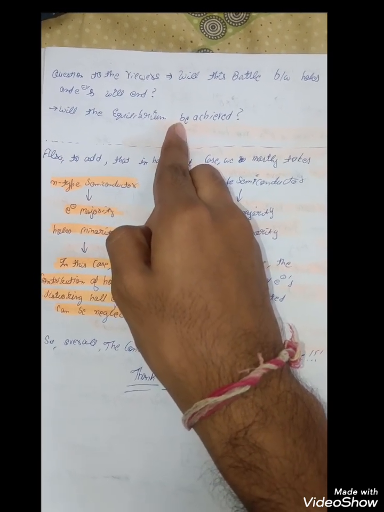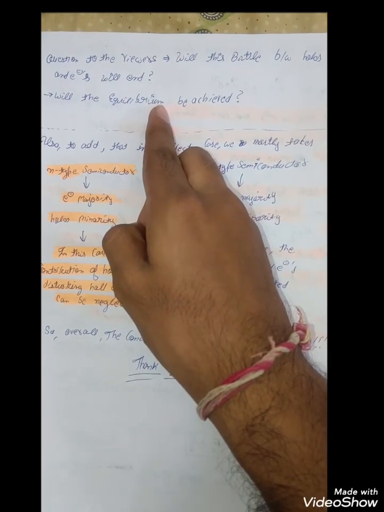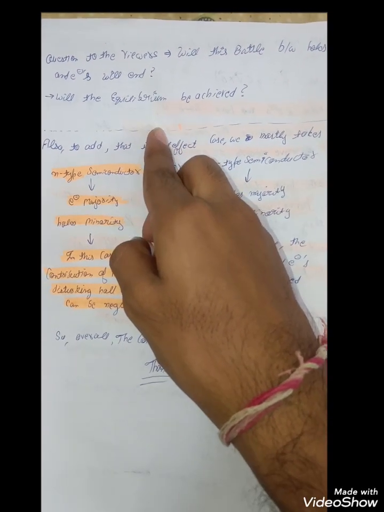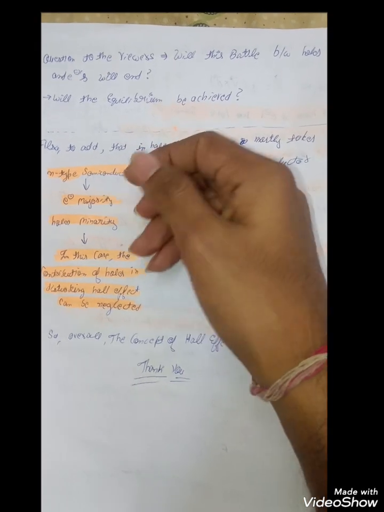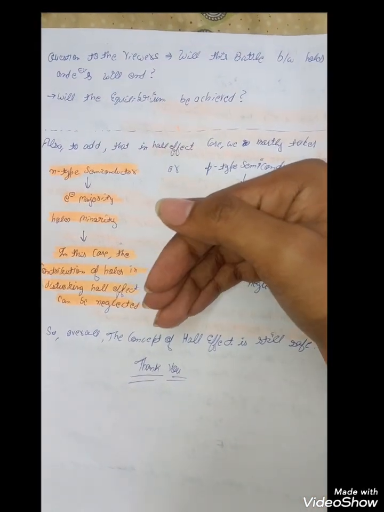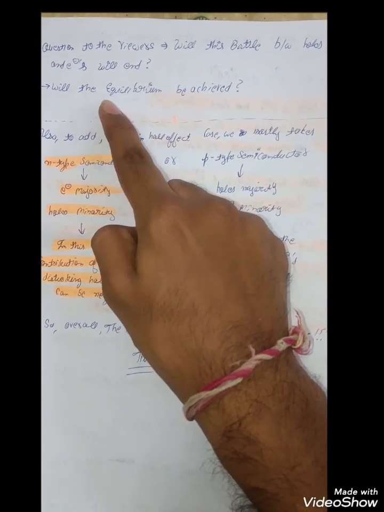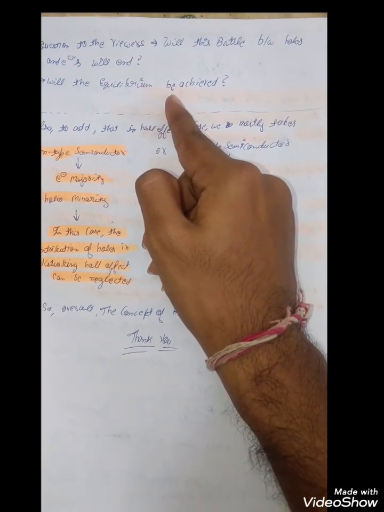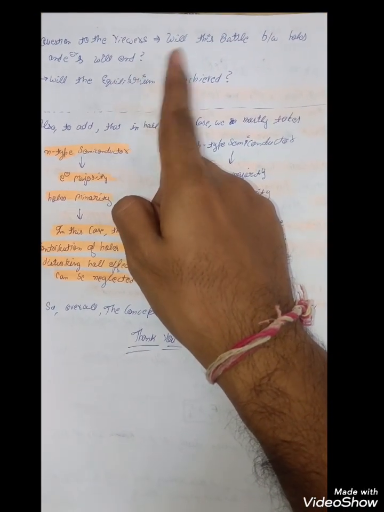Because in the Hall effect we say that after some time there will be an equilibrium, where the net upward force is balanced by the net downward force. So will the same equilibrium be achieved here, since here we have a new case of rivalry between electrons and holes?